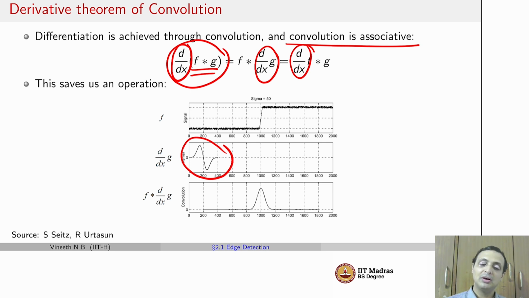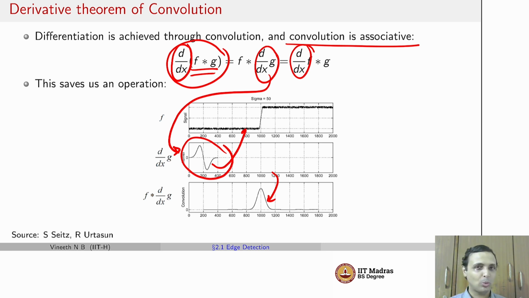Given that this is the derivative of the Gaussian filter, let's assume that G was the Gaussian filter and F was the original function. You're automatically pre-computing ∂G/∂x and storing it as a signal. Now all you need to do is directly convolve this function with the original signal, and you'll get the output directly to be able to find the edge.